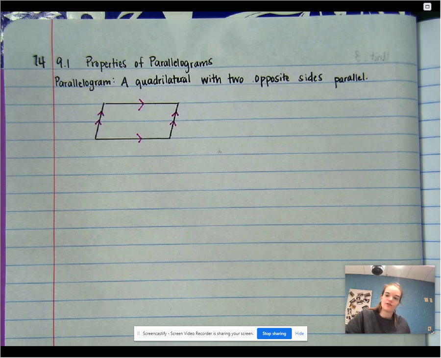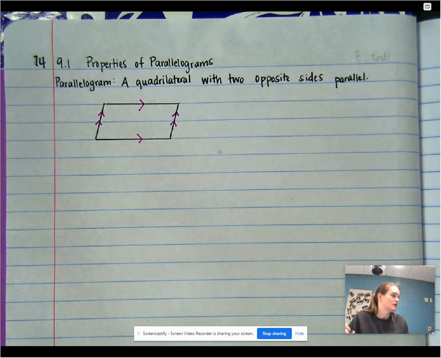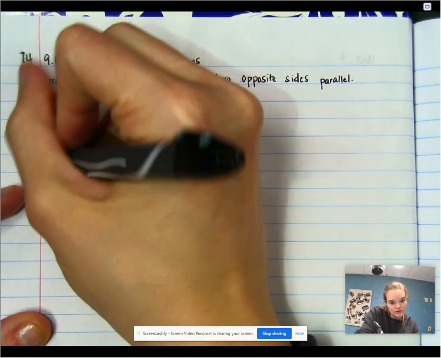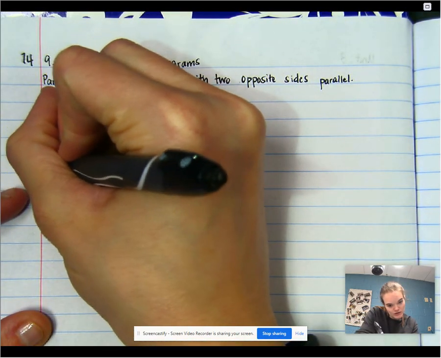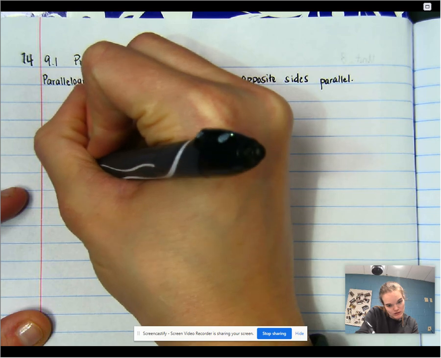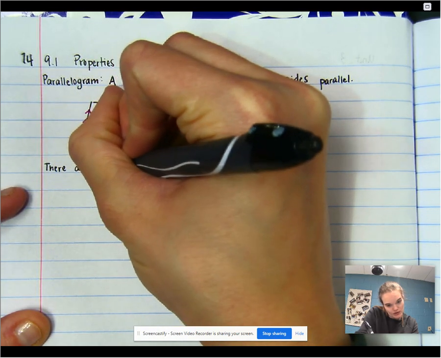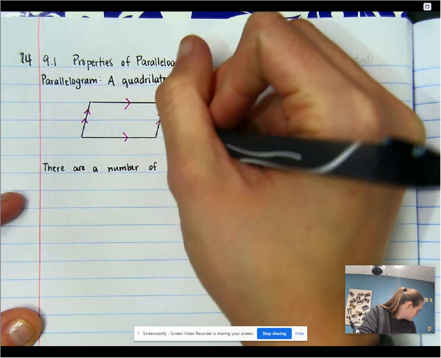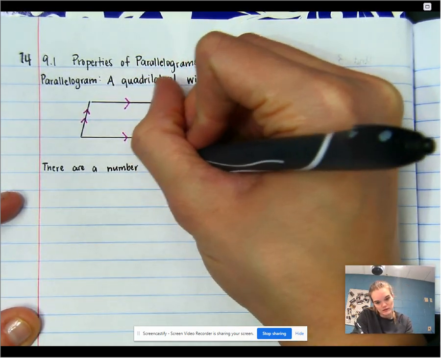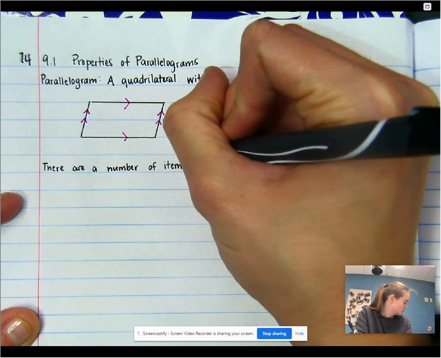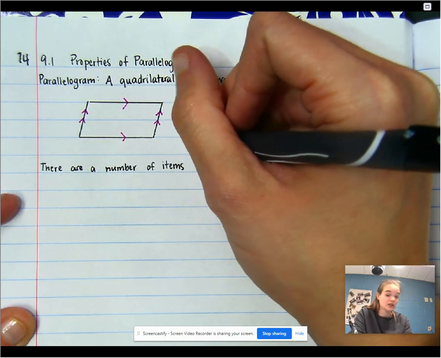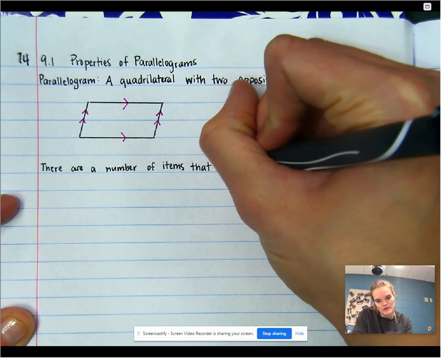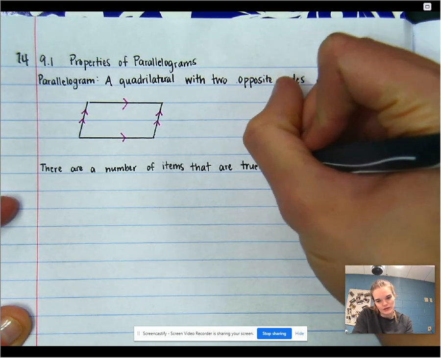So let's talk about the things, the properties that are true of parallelograms, okay? There are a number of items that are true given a parallelogram. We're going to list them.